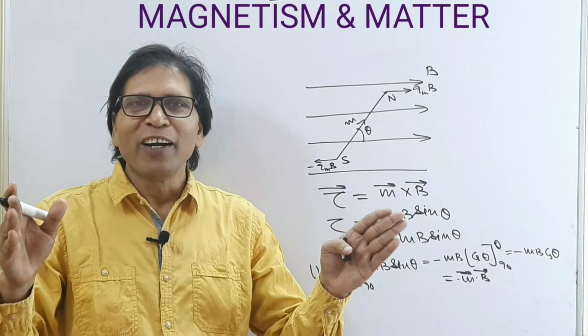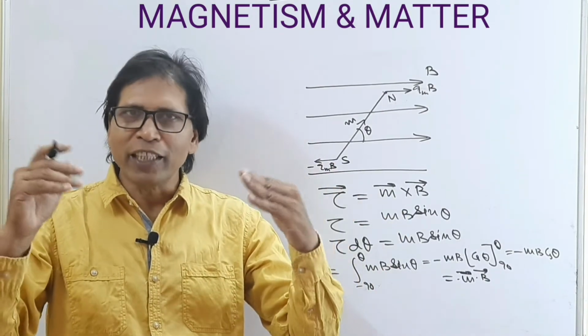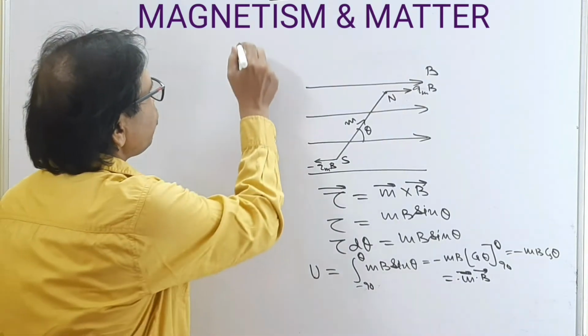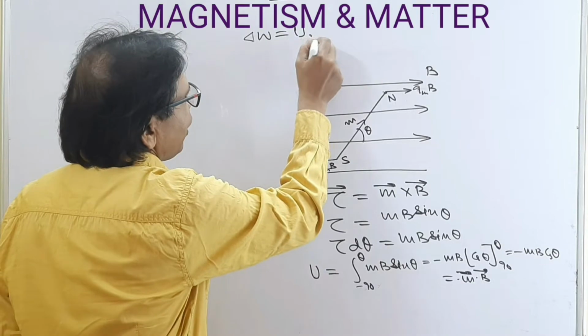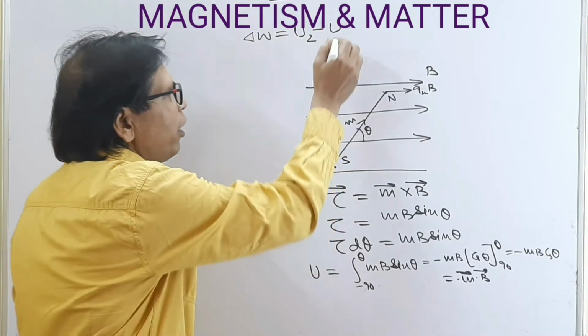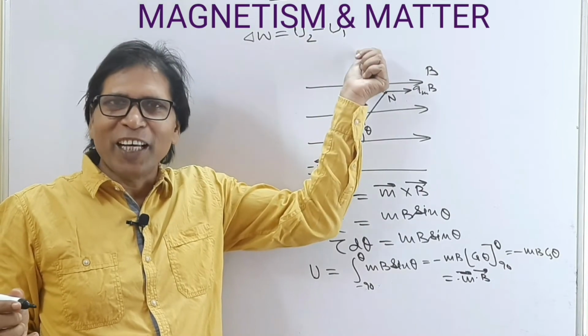Now, work done to turn the dipole from theta 1 to theta 2 is the difference of potential energy between the final point and the initial point.